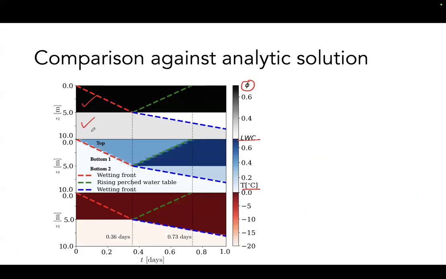If we now focus on the middle plot, which is liquid water content, you can see that there is a wetting front that moves down. As it reaches the point of transition into cold Firn, the lower layer is unable to accommodate that amount of water, and instead it bifurcates into two fronts. One goes up as a rising perch water table, and the other goes down as a wetting front.